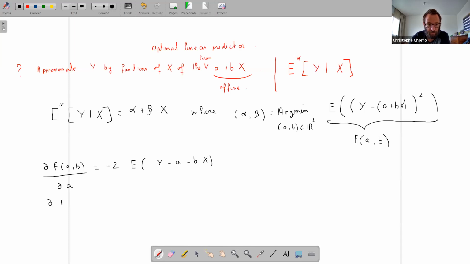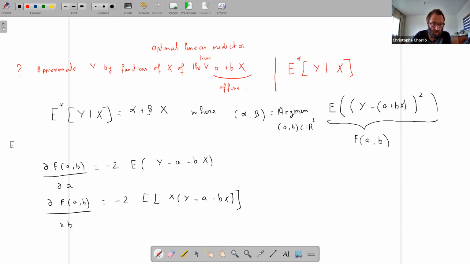And if I compute the partial derivative with respect to B, I obtain minus 2 times the expectation of x multiplied by y minus A minus bx. The minus 2 comes from the square here, okay?